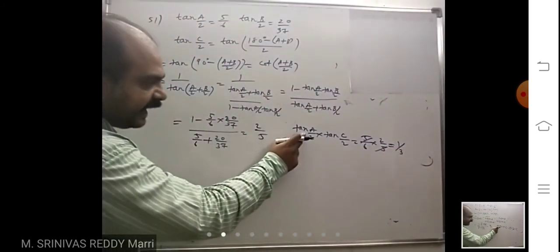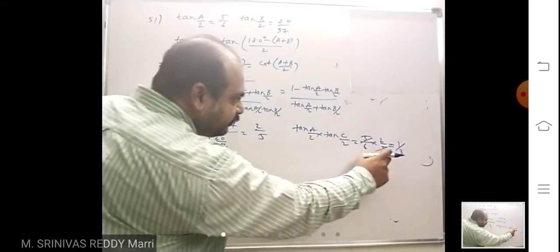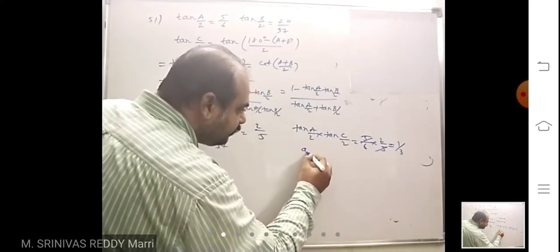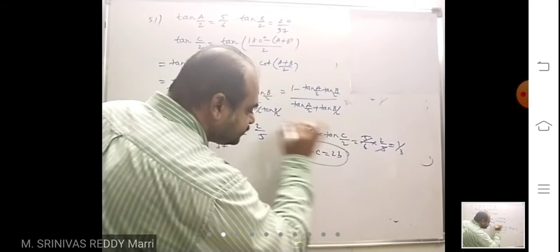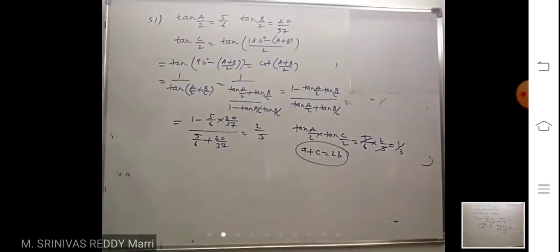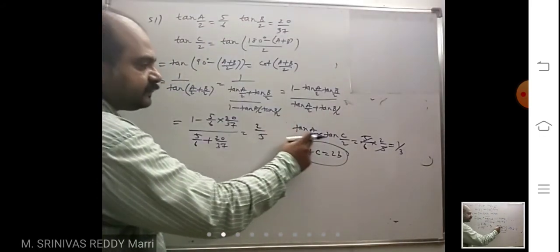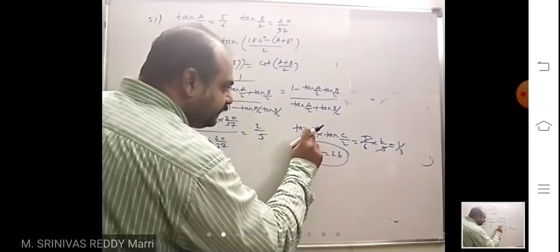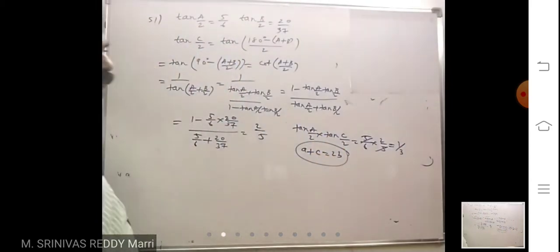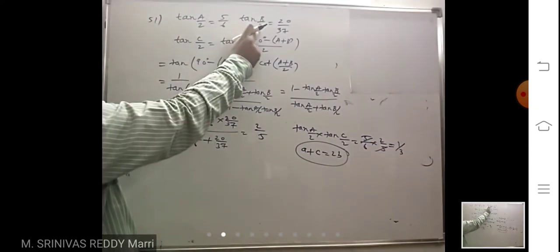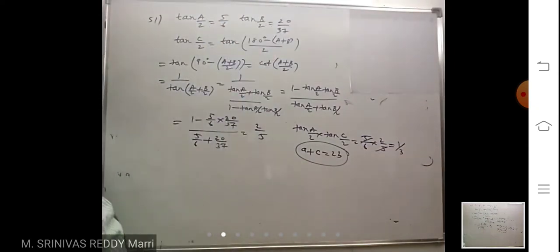Now, whenever tan A by 2 into tan C by 2 equals 1 by 3, what I have told? A plus C equals 2B. Because always if the product is 1 by 3, A plus C sides equal 2B. That I have told. Here these both are given, and their multiplication is not 1 by 3.